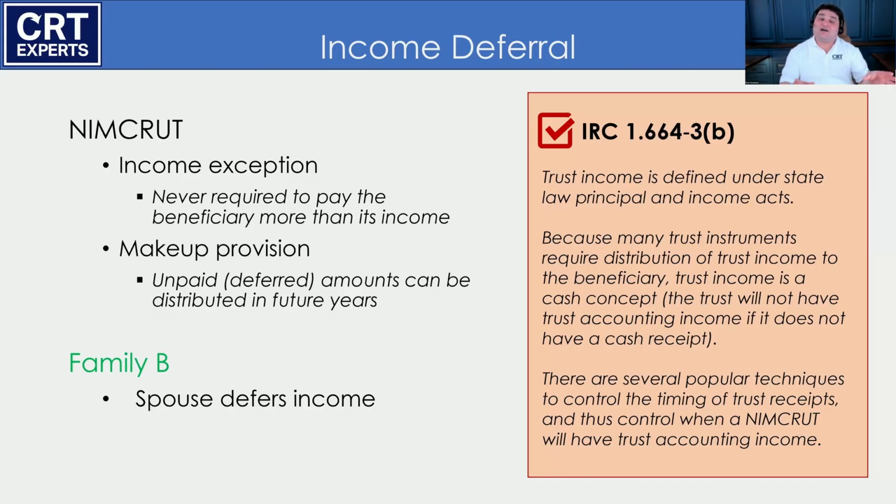So that's high level. If you go watch that webinar, if you're looking for a detailed discussion, but that's high level how we can structure a CRT, in this case, a NIM CRT, for income deferral.